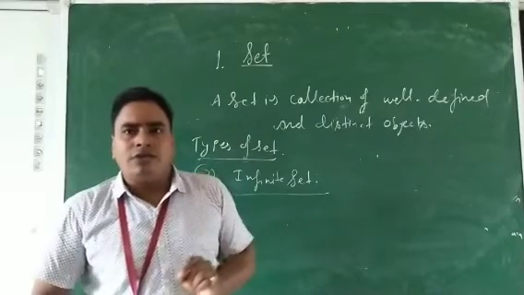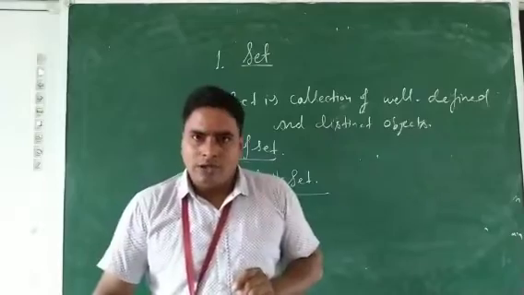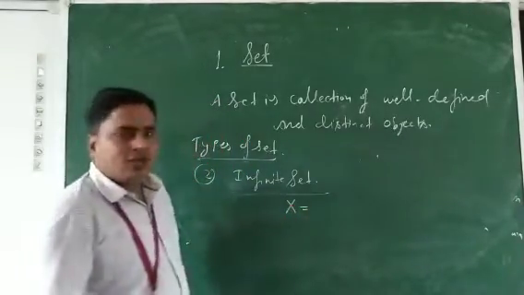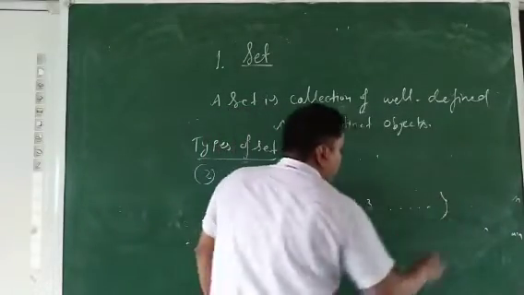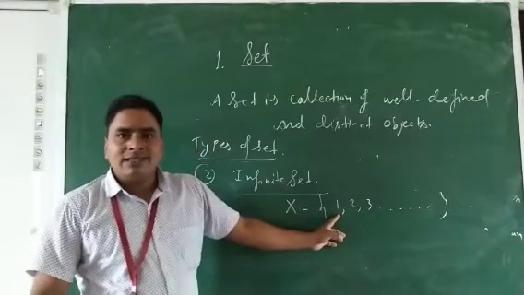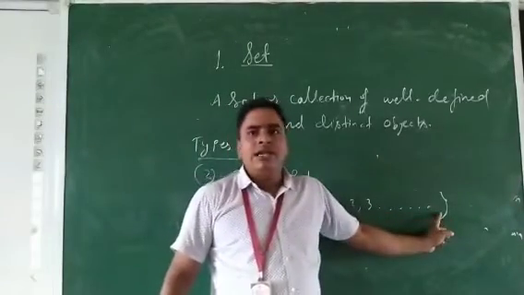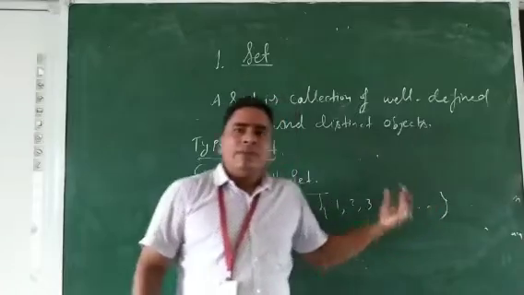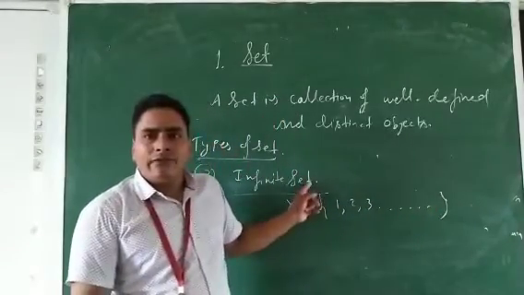We cannot count the number of elements of the set. Here, for example, X is equal to 1, 2, 3 and so on. The starting element, 1, is clear, but the last one is not clear. So the number of elements is infinite, not fixed. So it is an example of an infinite set.